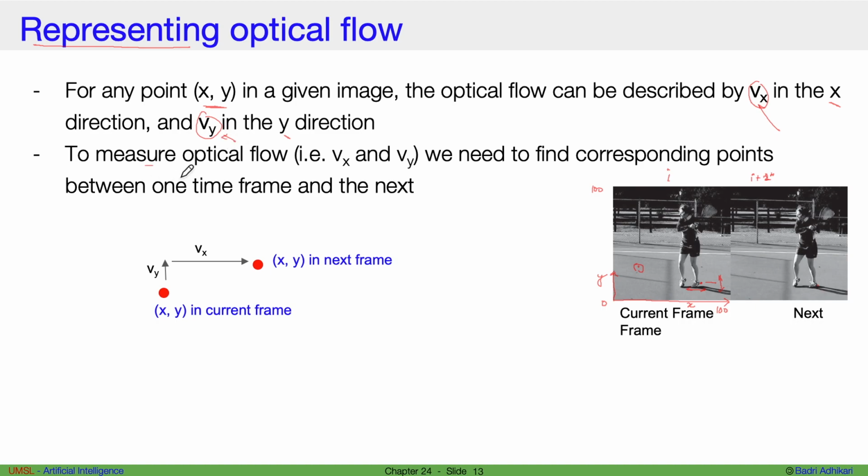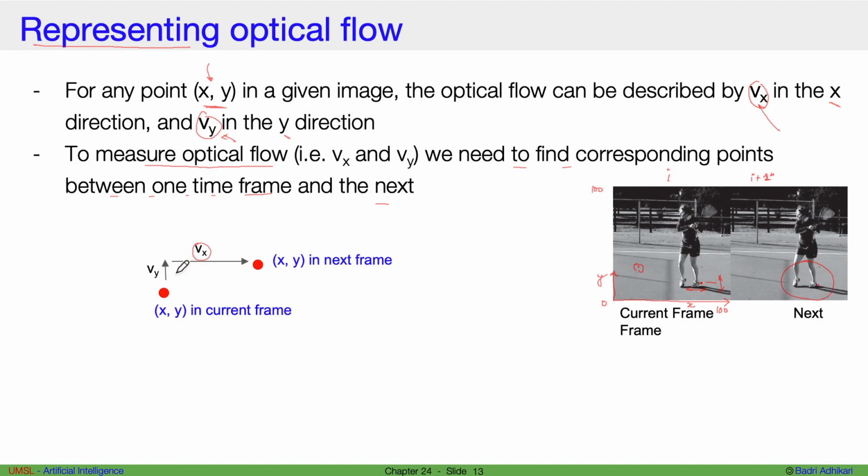And to measure the optical flow for each pixel or each point xy, we need to find the corresponding points between one time frame and the next. So if I know here's my input pixel in this image, and I find the corresponding pixel in the next frame, then I can calculate Vx and Vy.